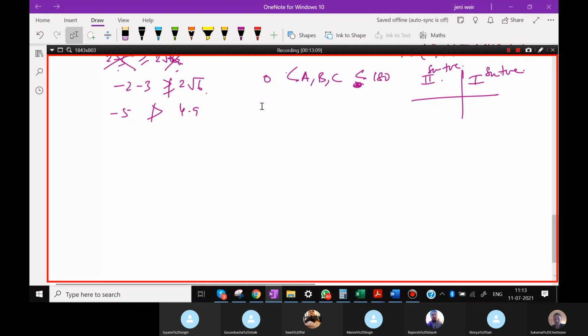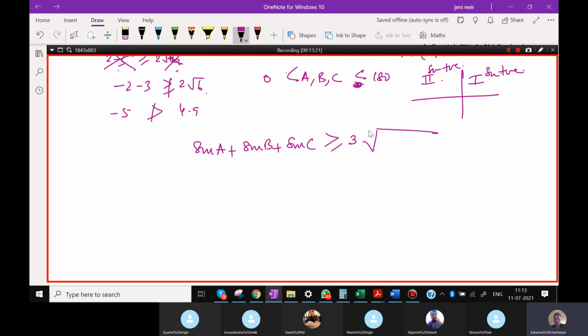Yes, sir. So I can write sine A plus sine B plus sine C is greater than or equal to 3 into cube root of sine A, sine B, sine C. Right? And the equality will hold when the left hand side will be minimum and the right hand side will be maximum. And this will happen when all three are equal.